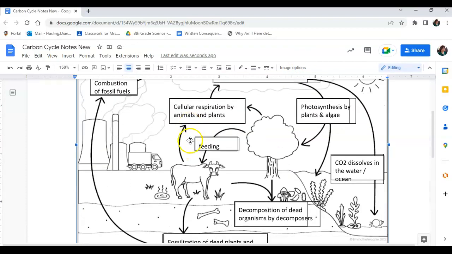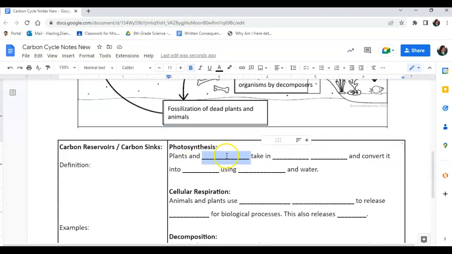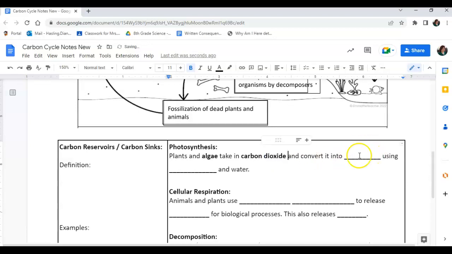So this is the diagram, so we're going to slide down to the bottom, and we're going to fill in these blanks. So this is going to give you details about the top part. So plants and algae are going to take in carbon dioxide, and they're going to convert it into sugar, which is going to use sunlight and water.